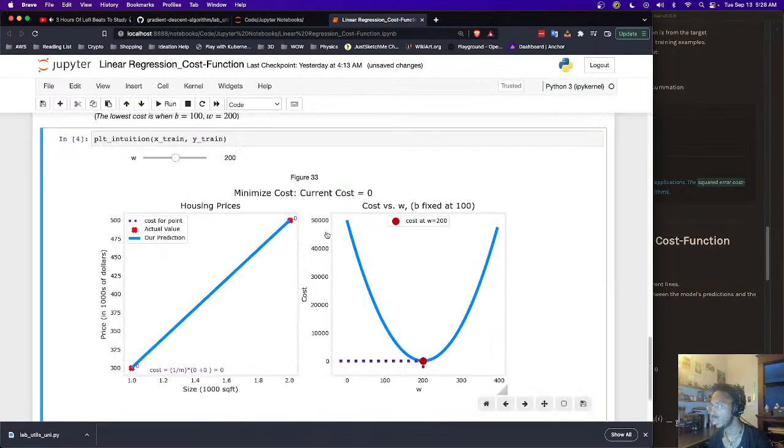Both of these confirm our hypothesis is correct. Our hypothesis is the model. The way this confirms it is that you can clearly see these two data points match up, and the cost is at the lowest point on this curve.